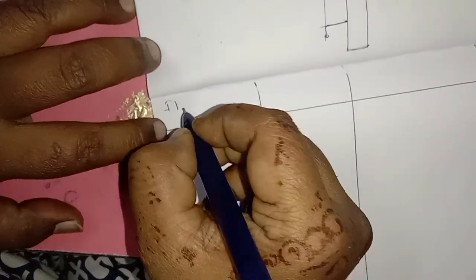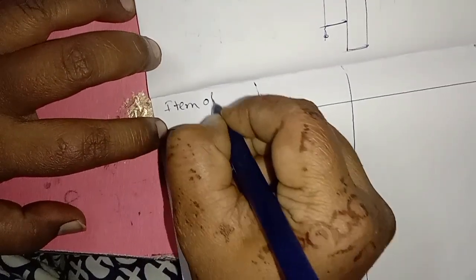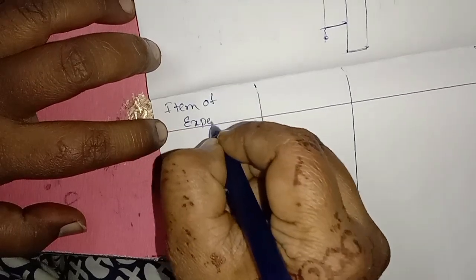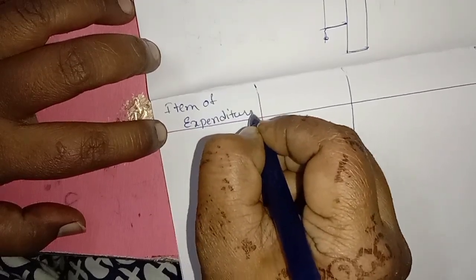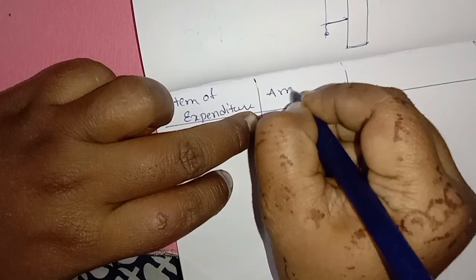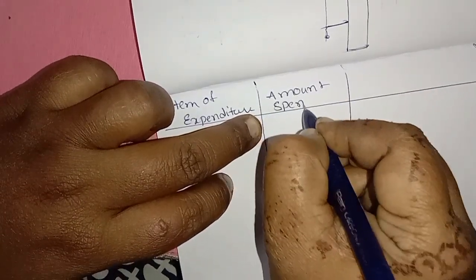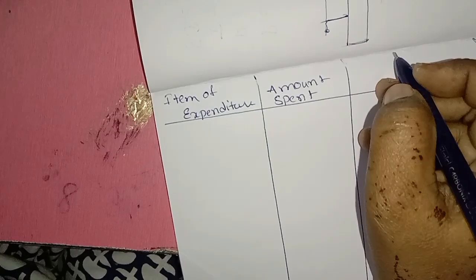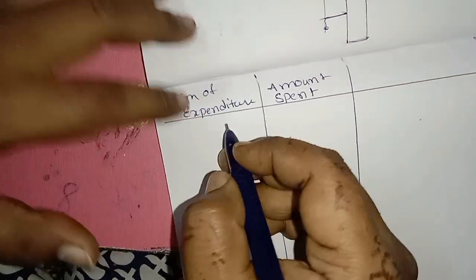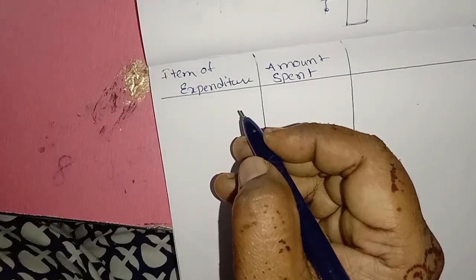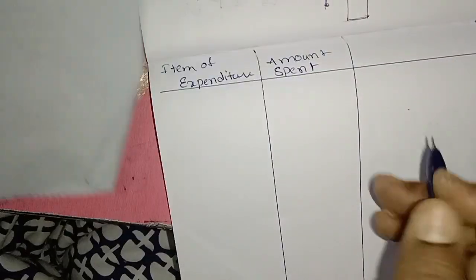Item of expenditure, amount spent. And here, from the question paper: food, health, clothing, education, savings.